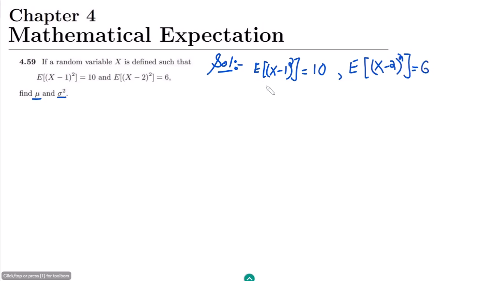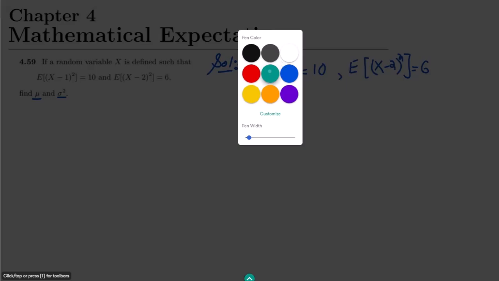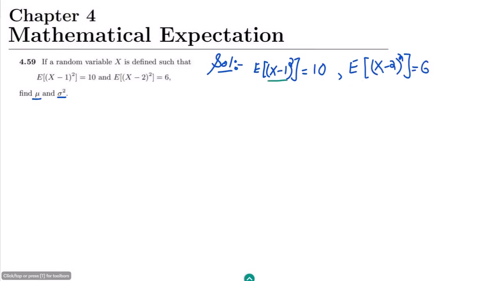Let me follow a very well known identity, (a-b)^2 equals a^2 minus 2ab plus b^2.